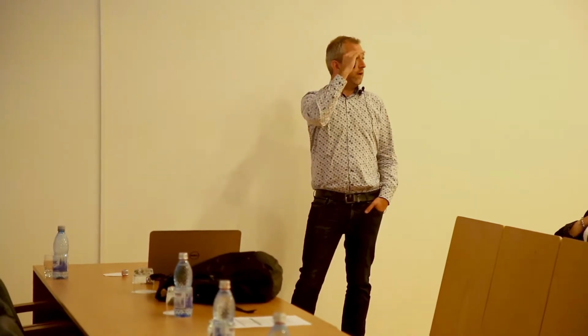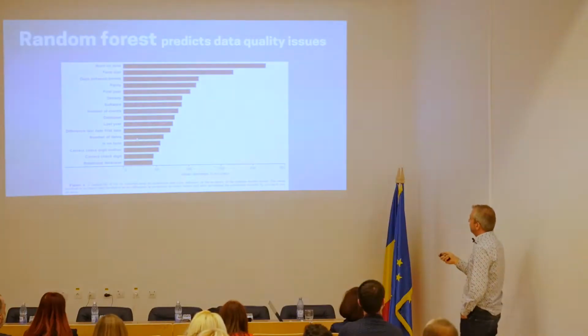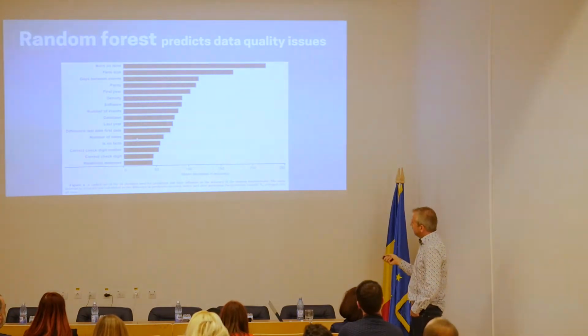And so we looked at different parameters. This is, again, a ranking. The random forest ranks the different features according to their relevance. So the most important one was there. We also looked at whether the software underneath the data was using a relational database. A relational database means that there is something which has keys and numbers, but that didn't affect it very much. Even the correct check digit.